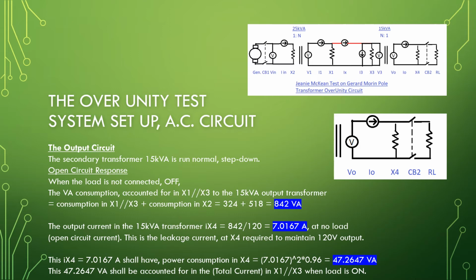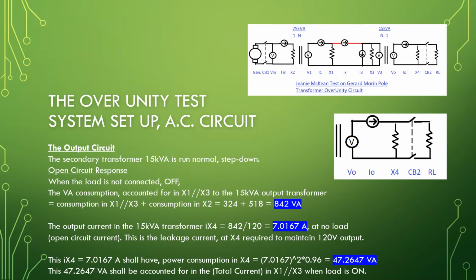The output current in the 15 kVA transformer IX4 equal to 842 divided by 120 equal to 7.0167 ampere at low load.